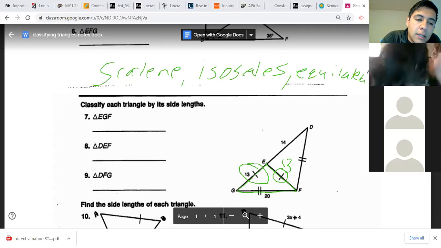As a review, scalene triangles have sides that are all different. Isosceles triangles have two equal sides, and equilateral triangles have all three the same.